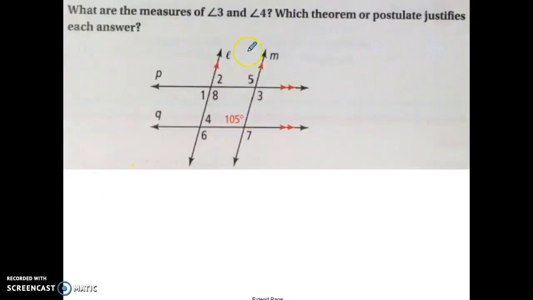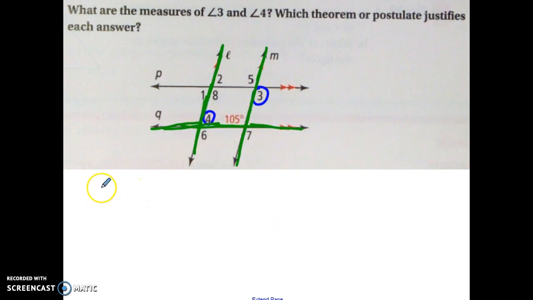Here, what are the measures of angle 3 and angle 4? We're looking for this guy and this guy. Let me do some color coding here. If we consider this and this cut by this transversal, then these are same side interior.